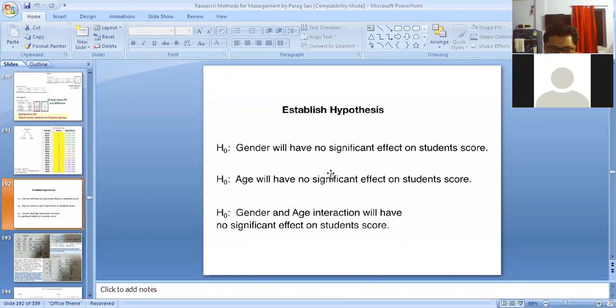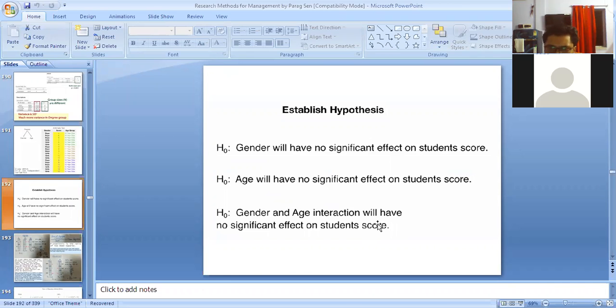Then the second null hypothesis will be that age will have no significant effect on student score, and the alternative hypothesis will be that age will have a significant effect on student score.